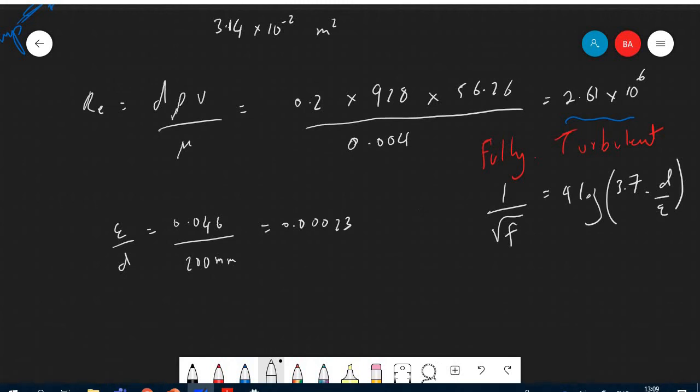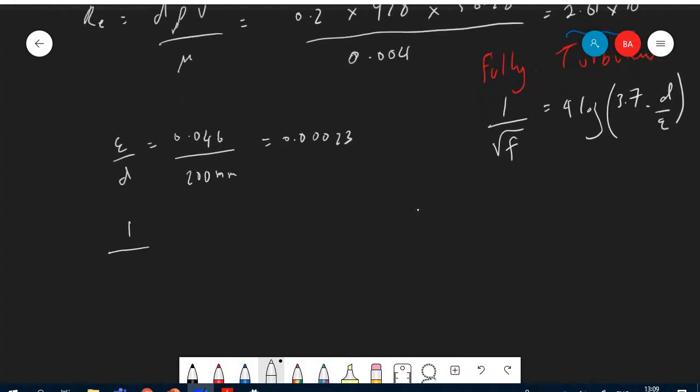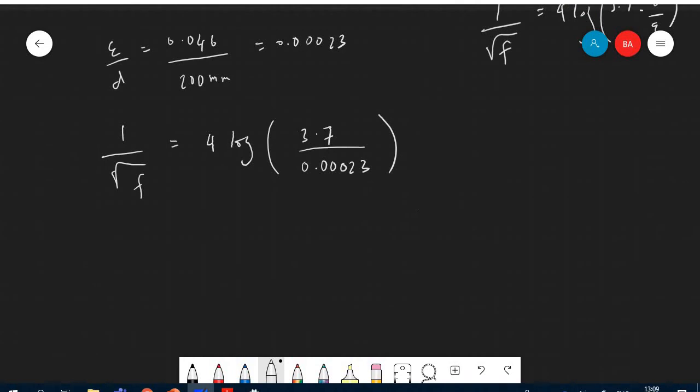If I substitute this to calculate the friction factor, 1 over the square root of f is equal to 4 log of 3.7 into d over e, and you're going to find that f is equal to 3.53 into 10 to the power minus 3.